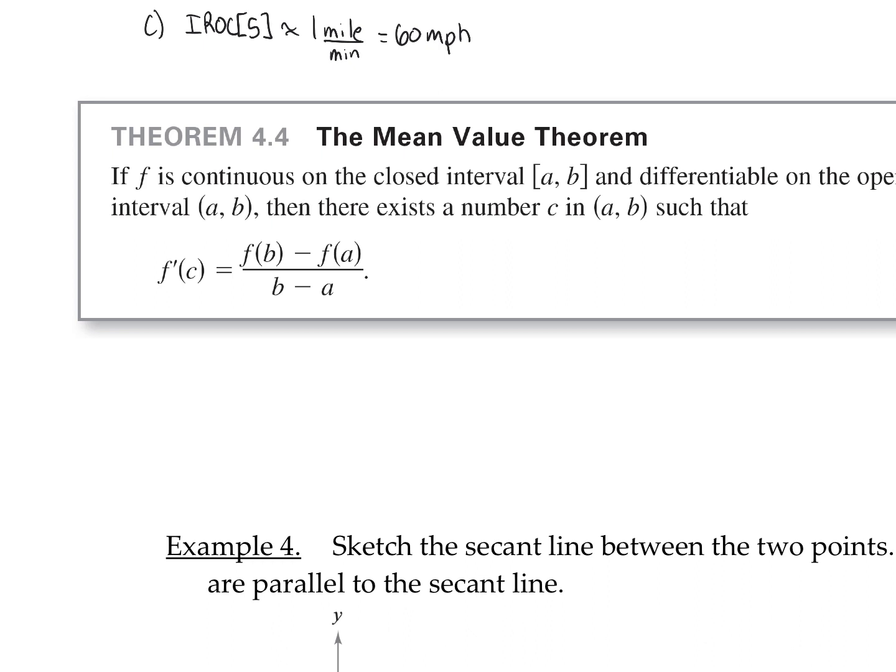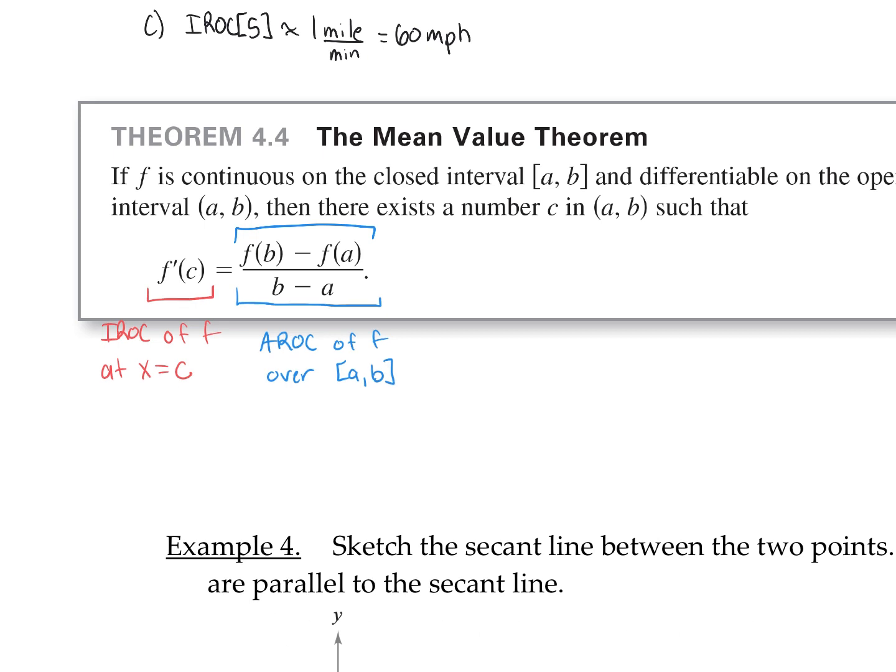This is saying f prime of c is the instantaneous rate of change of f at x equals c. So this is saying there's somewhere where the instantaneous rate of change of the function at c equals the average rate of change of f over the interval a to b.